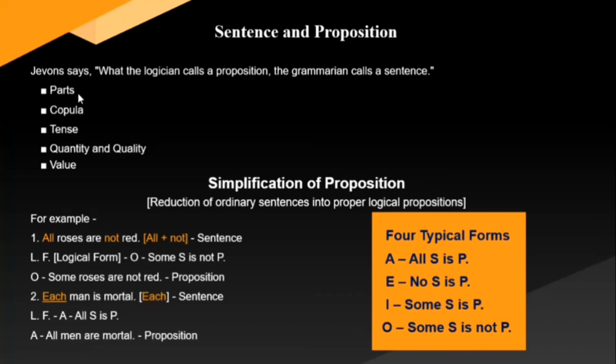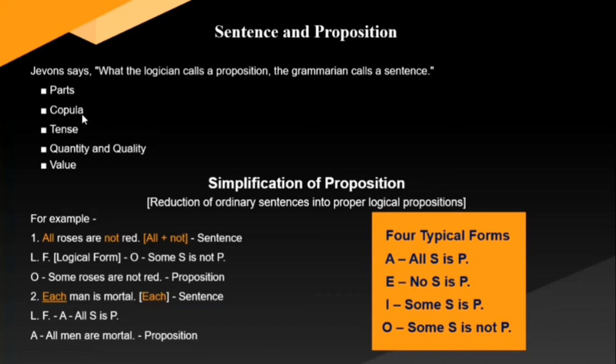So the basic difference between a sentence and a proposition is that a sentence has two parts and a proposition has three parts. Let us try to understand the difference between a sentence and a proposition regarding copula.